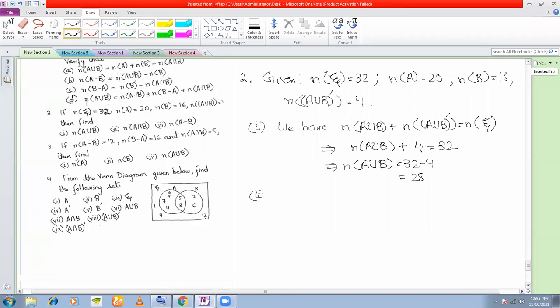Second question is cardinality of A intersection B. How will you find out cardinality of A intersection B? If all these are given, we use the cardinality theorem, right?